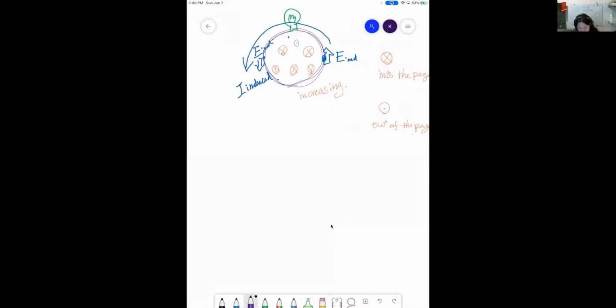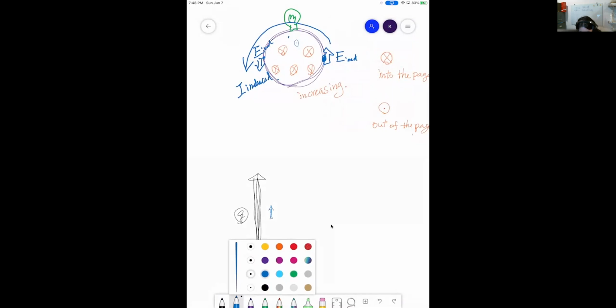So imagine we have a charge, electric charge here. And that's moving up and down and up and down. As the electric charge moves up and down, at that moment when it's just starting to move, the electric field line is going to be pointing in that direction. Right?